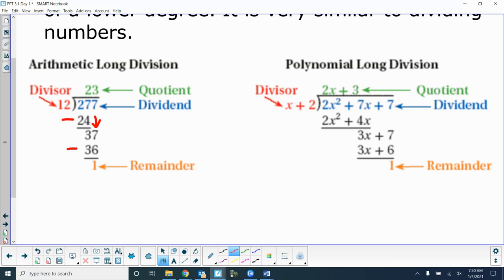And usually, here's how we're going to make our answer. The answer would be 23. And my remainder is 1, so I put 1, in this stuff over here, we're going to put plus. In normal math, normal numbers like this, we wouldn't put the plus, but it'd be 1 over what I divided by, 12.